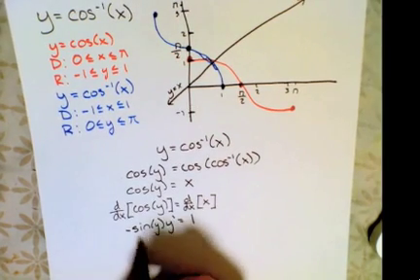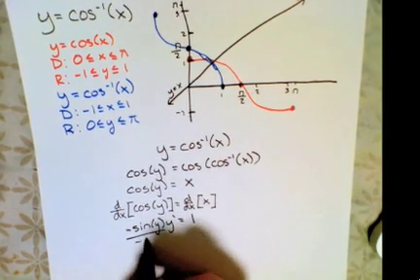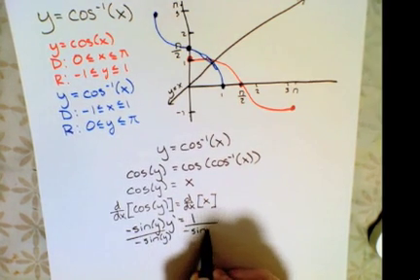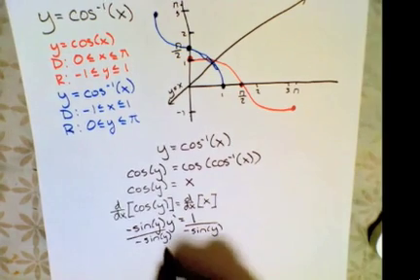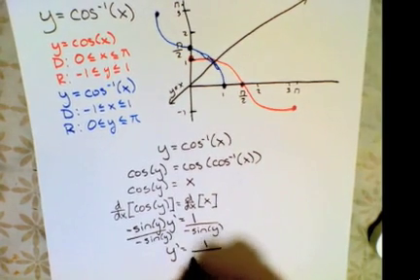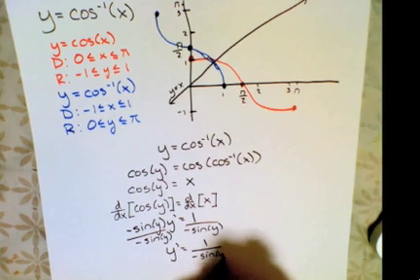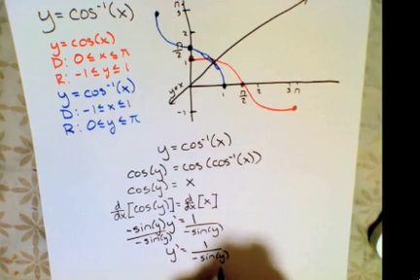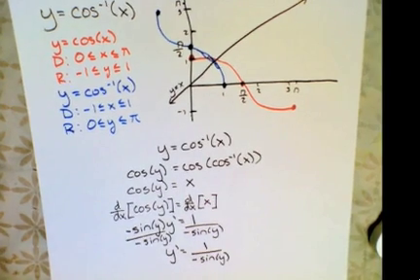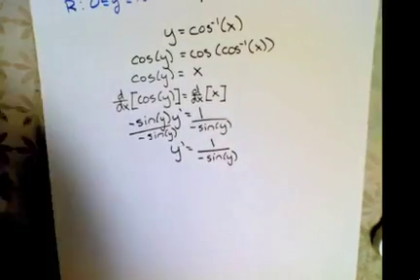To isolate y prime, I'm going to divide both sides by negative sine of y. So y prime equals 1 over the negative sine of y. Huh, interesting. What can we do with this? Well, let's find out.